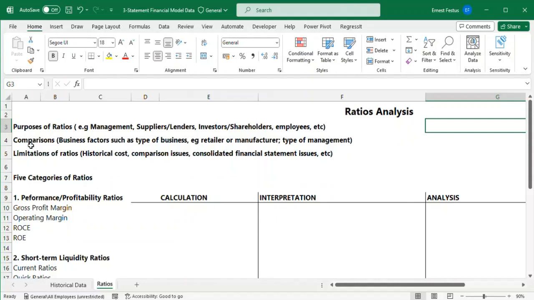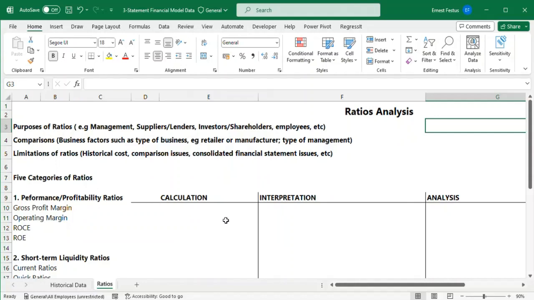And then we have the issue of comparison. Financial ratios by themselves do not actually make sense unless they are compared in a particular way. We can have a ratio for a current year being compared with the ratio of a previous year.